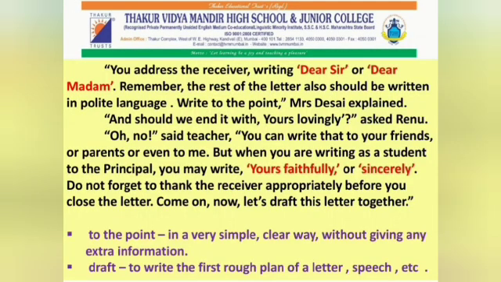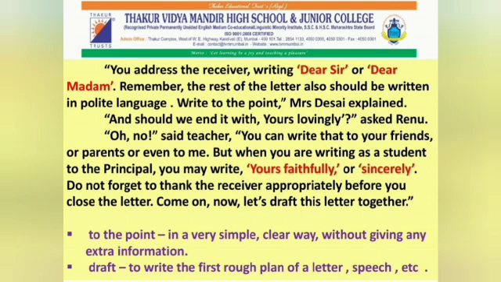You address the receiver writing, Dear Sir or Dear Madam. Remember, the rest of the letter also should be written in polite language. Right to the point, Mrs. Desai explained. Now the teacher explains the salutation part of the letter. If we are addressing a male person, we write Dear Sir.